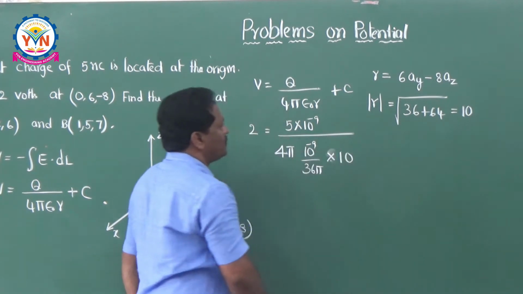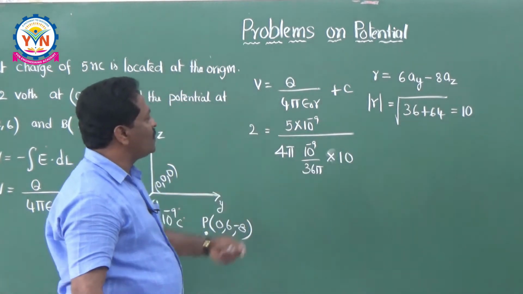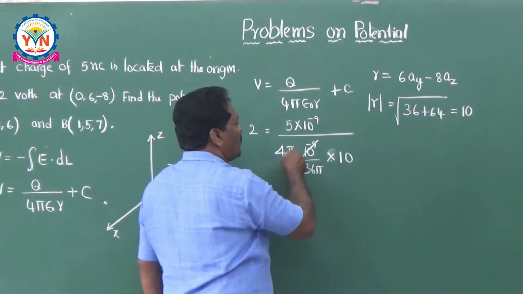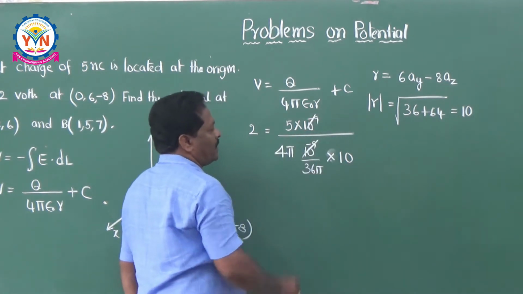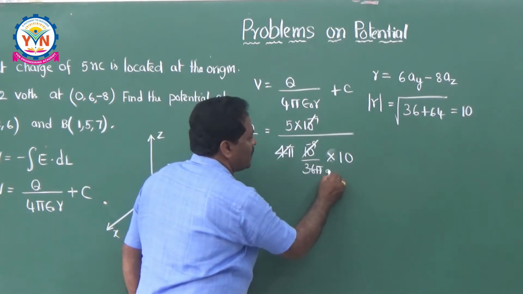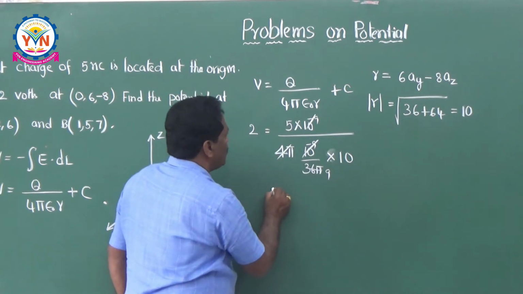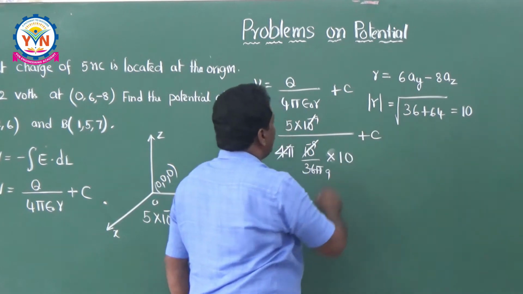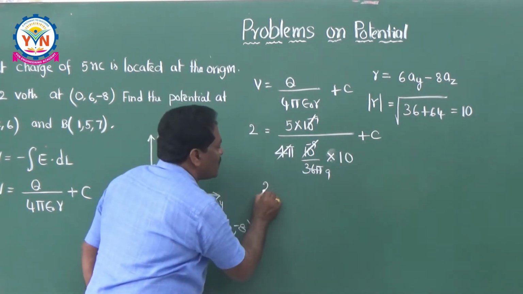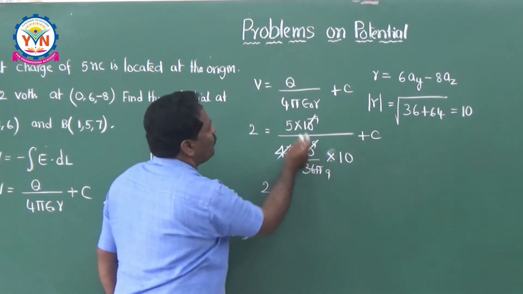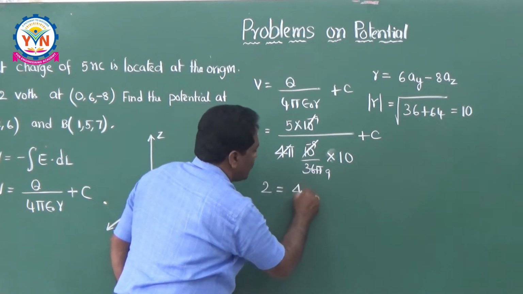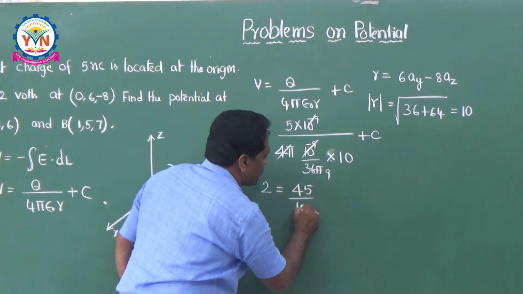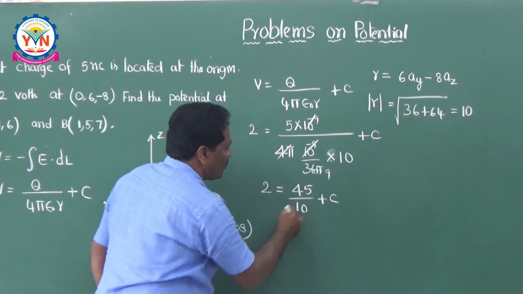Simplify this and you are going to get 10 to the power of minus 9 times 9 here. Therefore 2 is, so you can say, plus C. So you can say that 2 is equal to 9 into 5, 45 divided by 10, plus C. Therefore, what is the value of C?